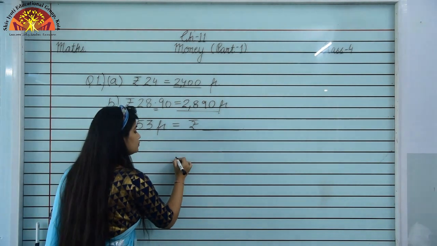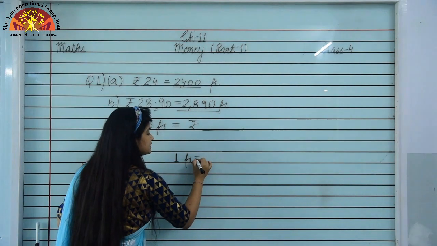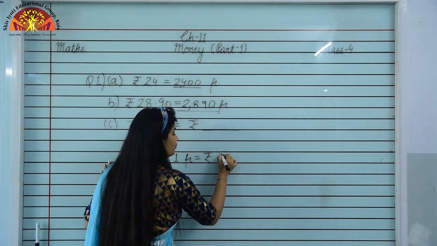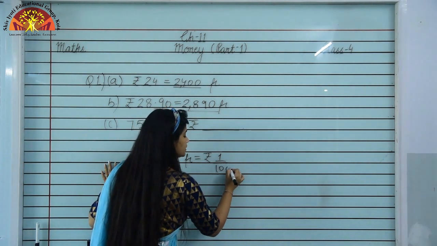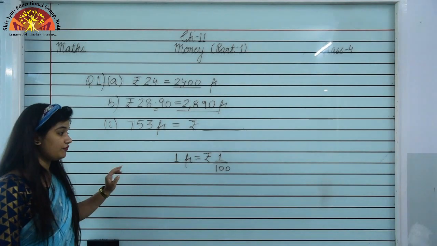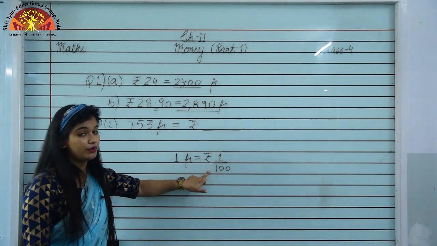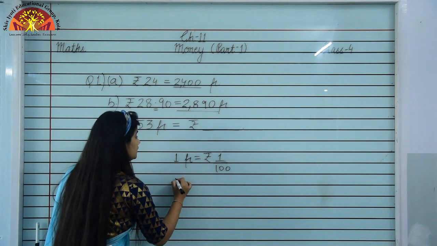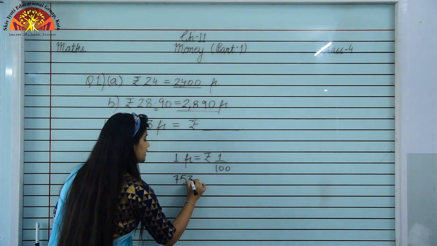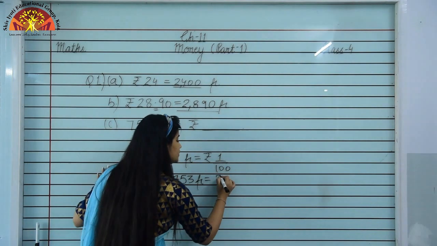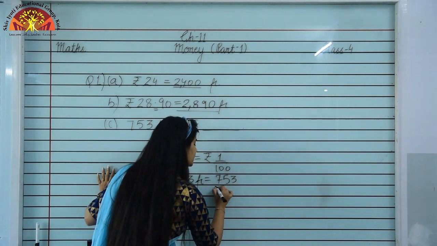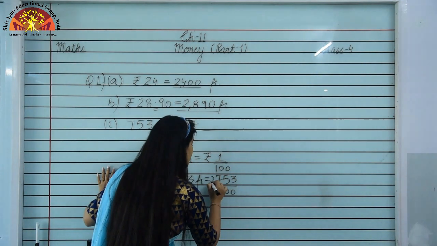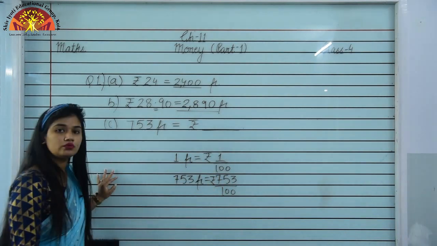As I have told you, 1 paise is equal to rupees 1 upon 100. It means we have to divide by 100. We have 753 paise, so we will do 753 divided by 100, and now it will convert into rupees.